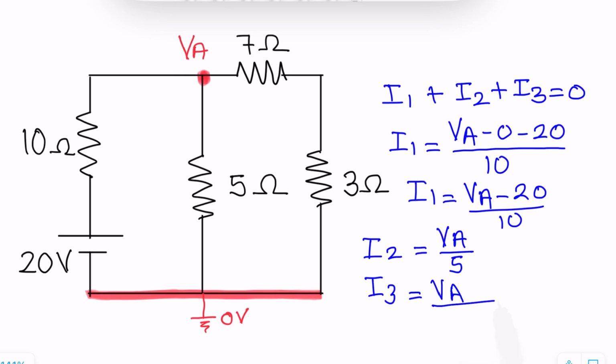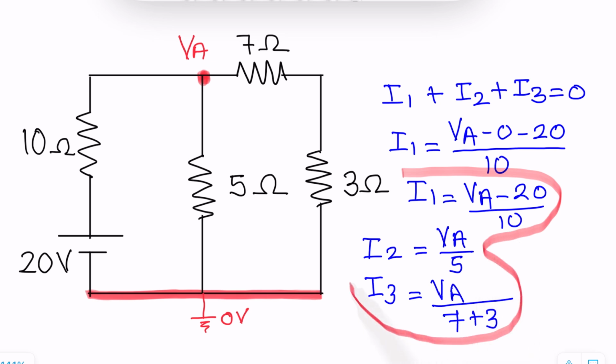VA minus 0 upon 7 plus 3. So now you have represented values of I1, I2 and I3. These I1, I2 and I3 equations can be placed over here, and by solving this simultaneously you will get value of VA. Once you got the value of VA, the problem is solved. So this was a problem based on a single node equation.